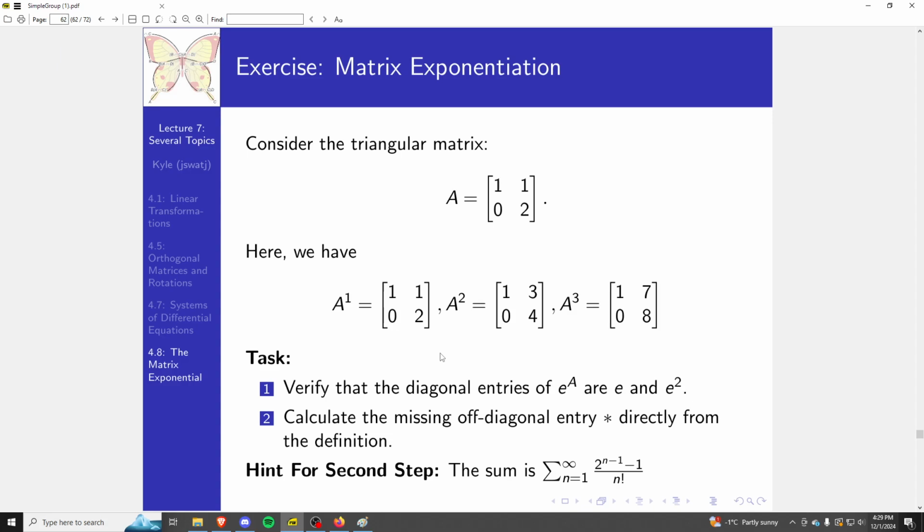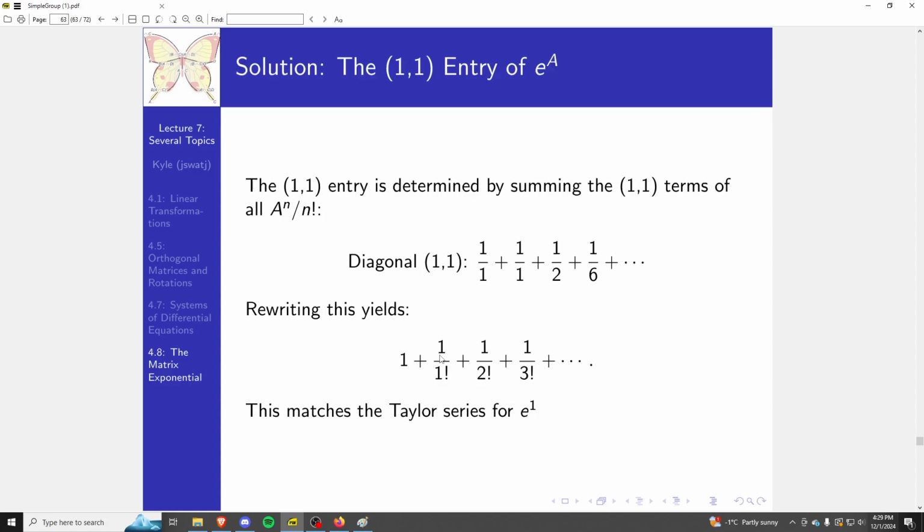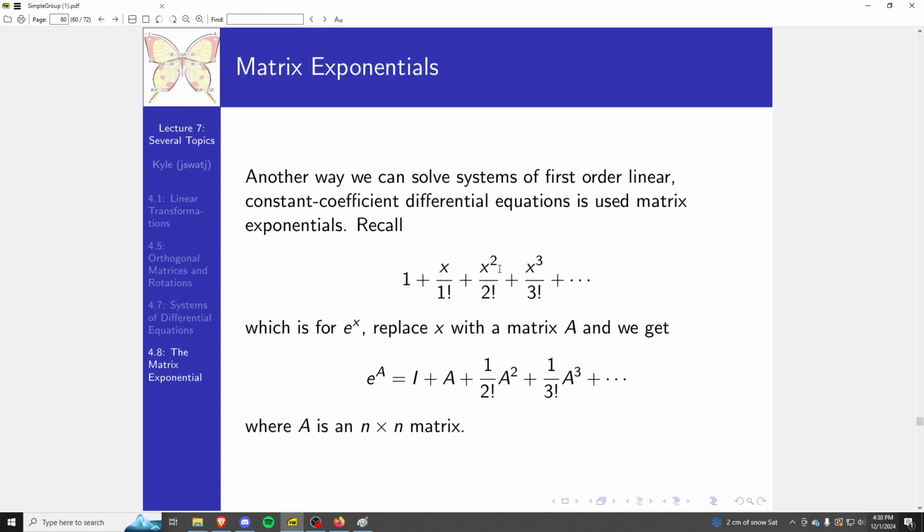And I would also ask you guys to verify the diagonal entries, but I think that will take too long, so we'll just go over them. Same thing applies if you're watching the video. So in order to verify that these diagonal entries are e and e squared, we can just sum a couple of the terms to see that it's the same Taylor series for e to the 1, right? Because we saw e to the x all the way back here.